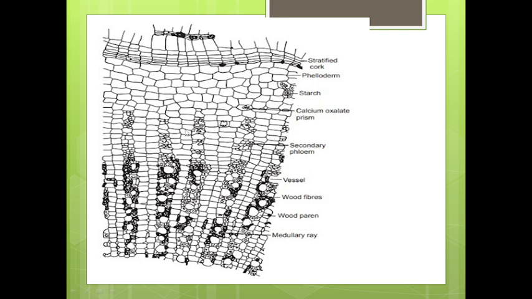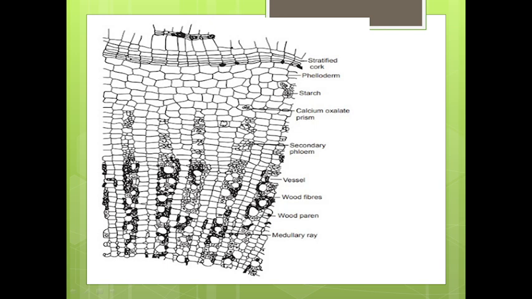After that it is followed by the phloem, which is narrow; this is the secondary phloem, containing some scattered sieve tissue. Then this portion is the xylem, which is entirely lignified and shows rings.